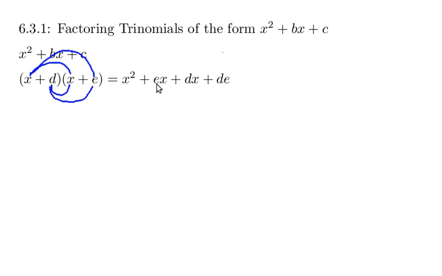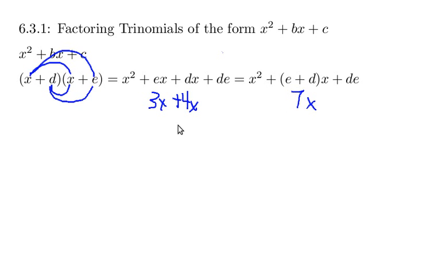So that means we can go ahead and combine these two terms and make it x squared plus e plus d times x plus de. All I'm doing is combining these two terms. Like if this was 3x plus 4x, then this would be 7x.